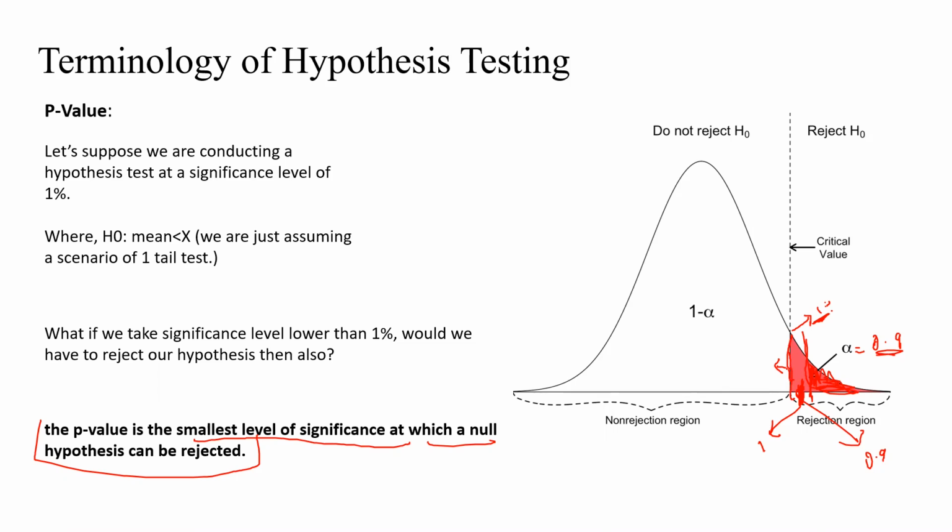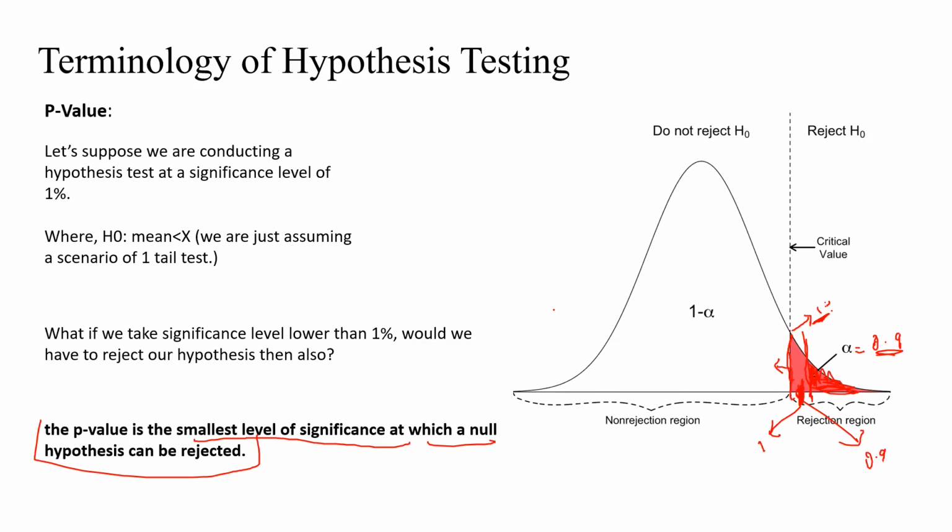Hope the definition of the p-value is clear. It's basically telling us that there are lots of significance values where you can reject your null hypothesis, but what is the smallest level of significance where I can reject it?